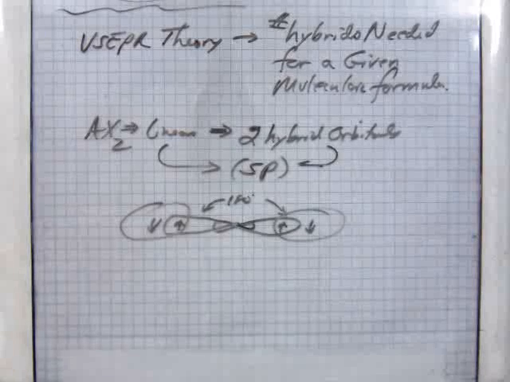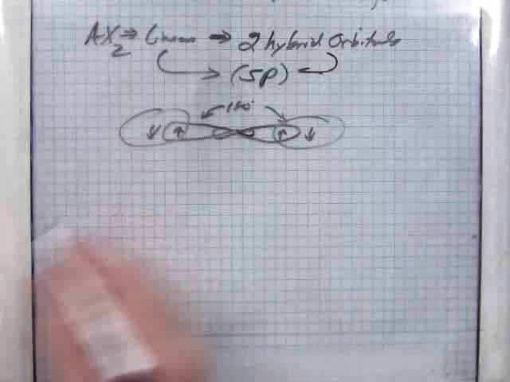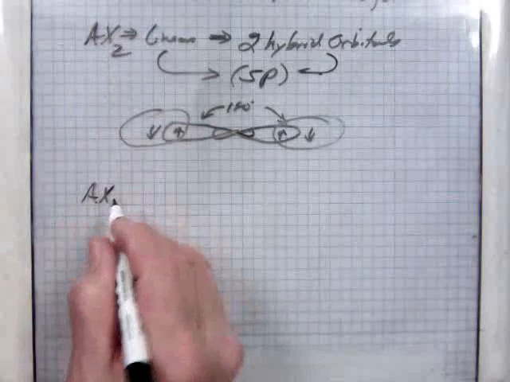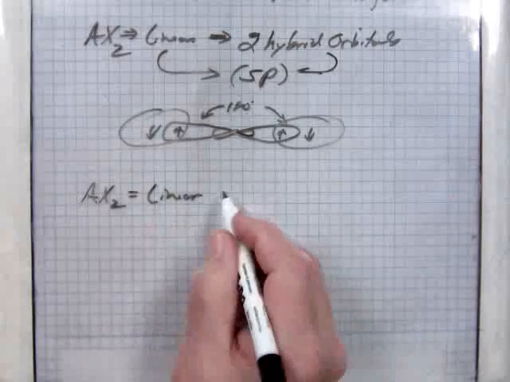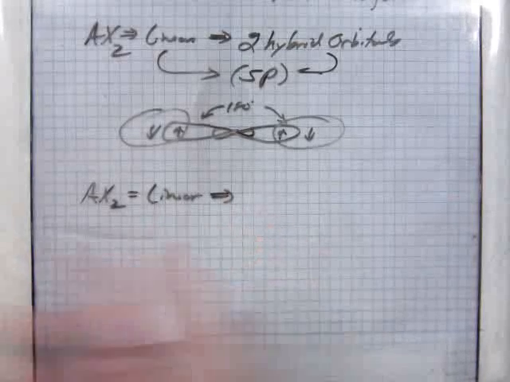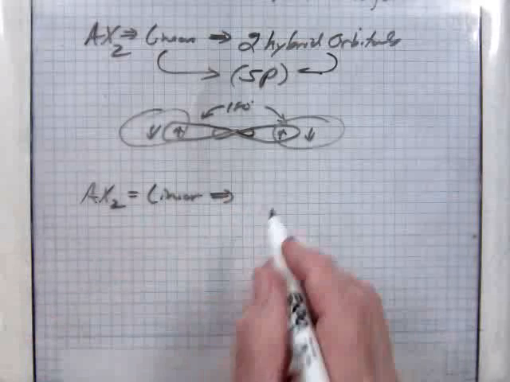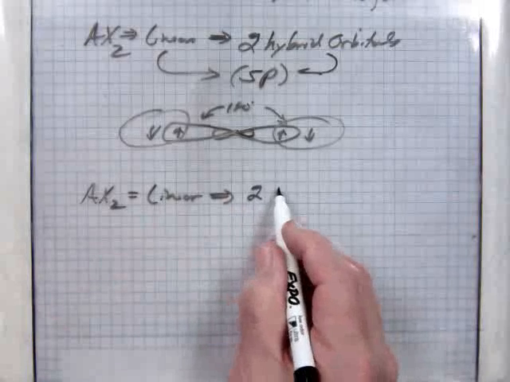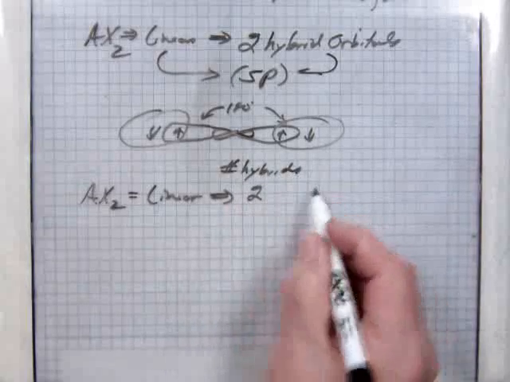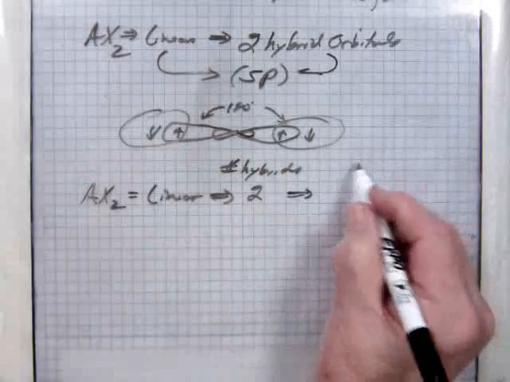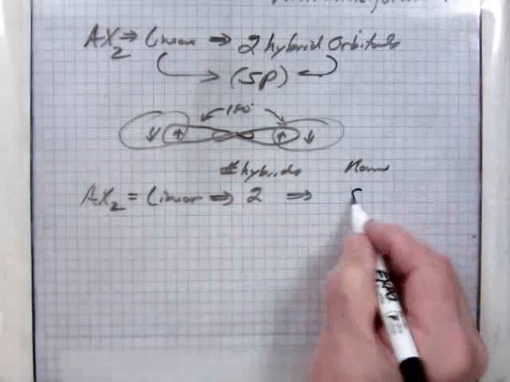Now, you'll see how this evolves as we get deeper into this. So as you go down the list to AX2 being linear, molecules that are linear will all use two hybrids, and they all, the name, are sp hybrids.